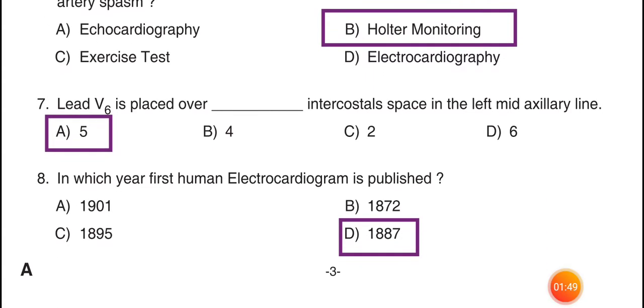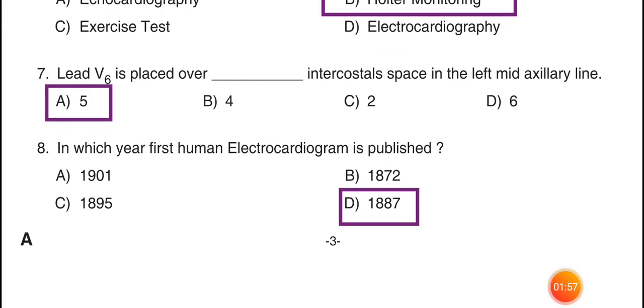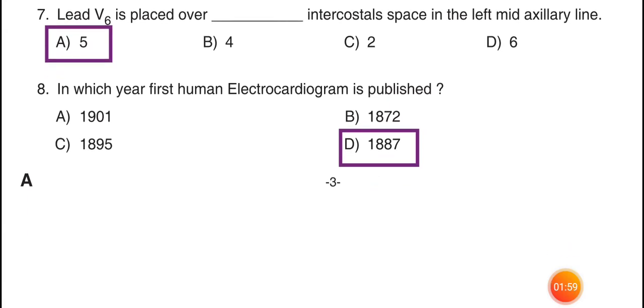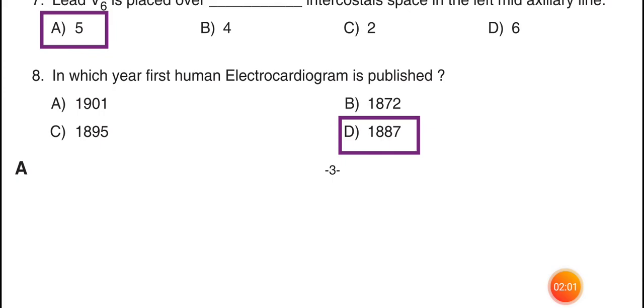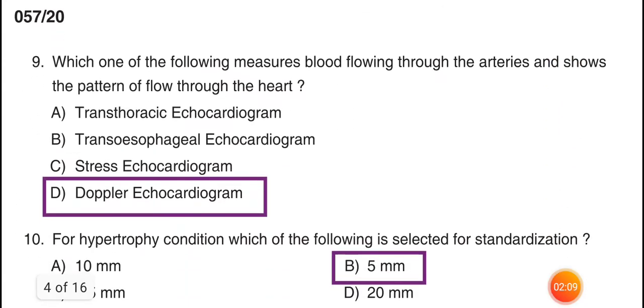7. Lead V6 is placed over dash intercostal space in the left mid-axillary line. Answer option A, 5. 8. In which year first human electrocardiogram is published? Option D, 1887. 9.